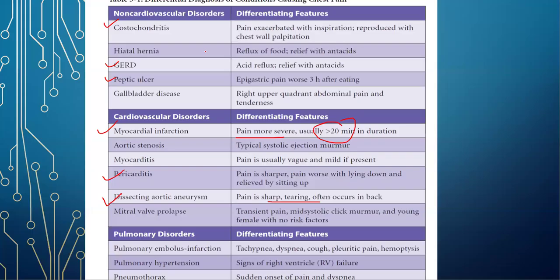They give you a bit of a clue, like a patient coming to you with a sore chest, the pain gets worse after taking a deep breath in, and when you palpate the chest wall it is tender, that is something where you would think of costochondritis. So these are the important clues you will need to remember, because these are usually given in the exam.